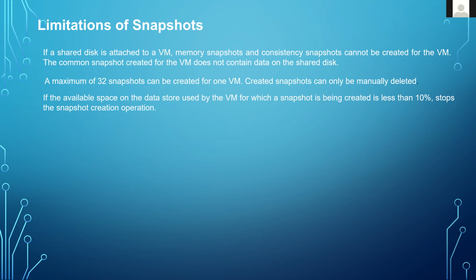So it is recommended to have some space for snapshots, because the snapshot will create some delta disk and it requires disk space. And sometimes if you don't have the space and you want to delete snapshots, you will also get an error that you need some space to delete the snapshot, because it will try to merge the disk. So it will also require some space.